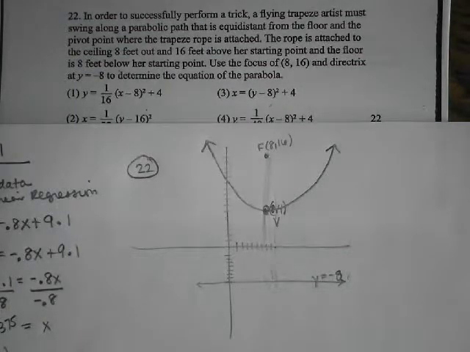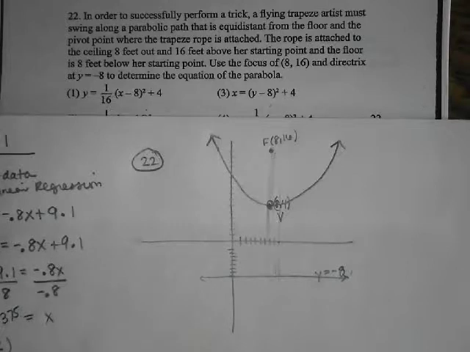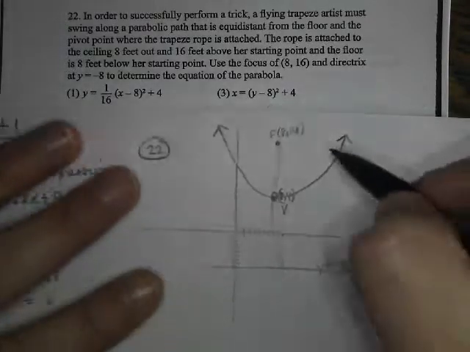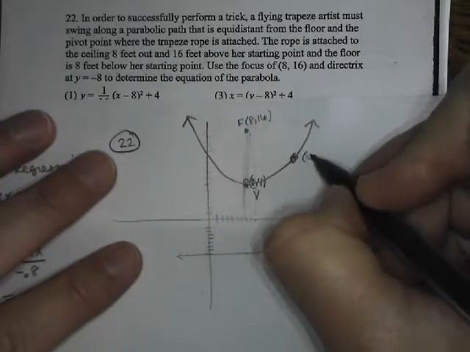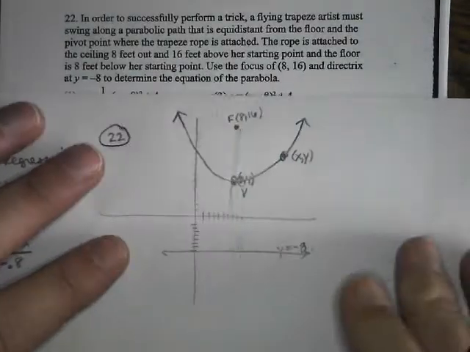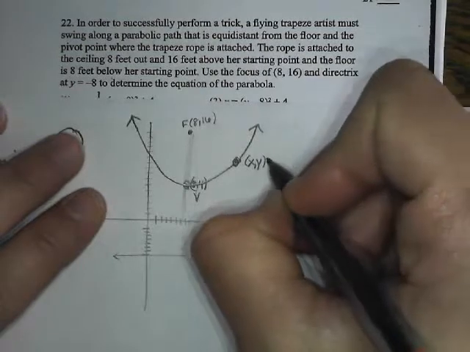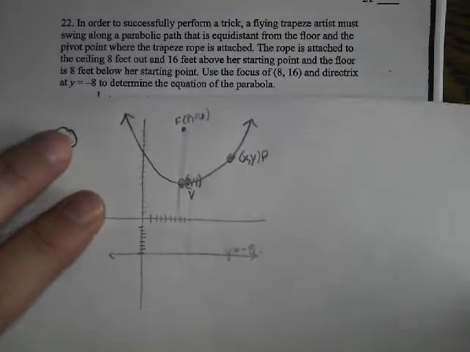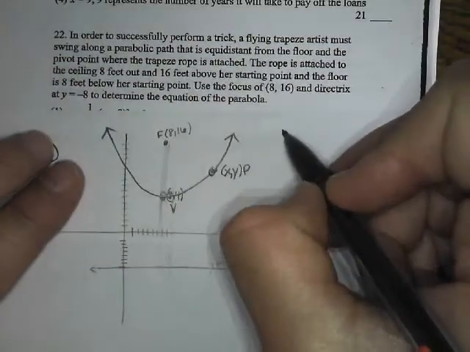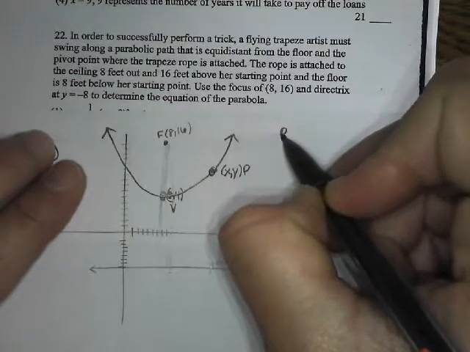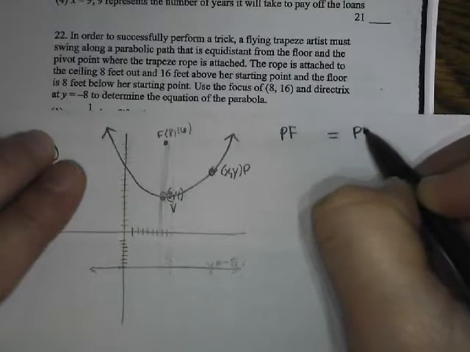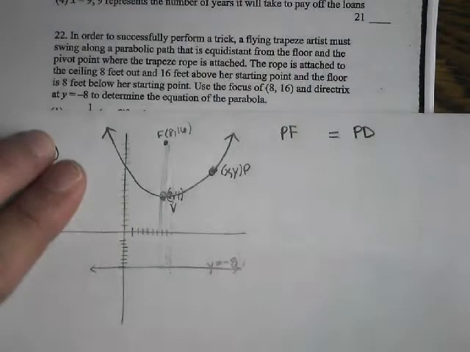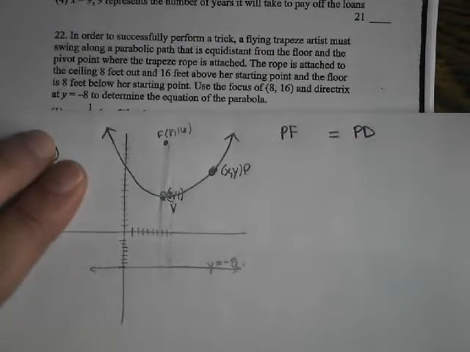So, we put a generic point on the parabola. I'll call that point P for point. And we have two distance formulas. The point to the focus has to be equal to the point to the directrix. Yes? Two distance formulas. So we'll start with point to focus.